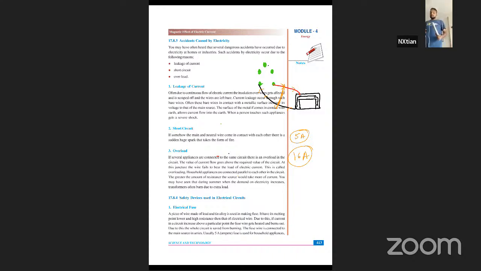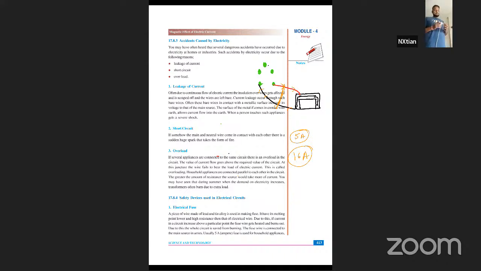So 10 ampere current means you cannot connect a geyser through it, but you can connect, I guess, a microwave oven, nearly about 10 ampere. And if you see the switch of this, it is a 16 ampere switch. It's called a 16 ampere switch.